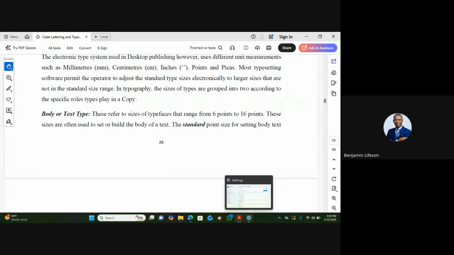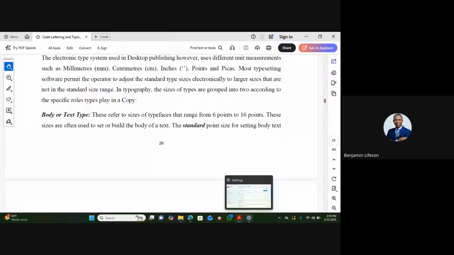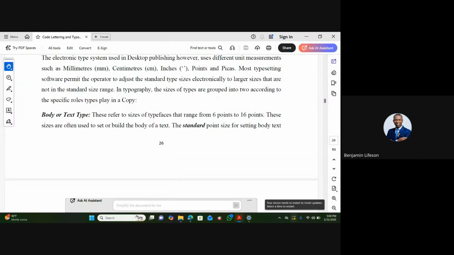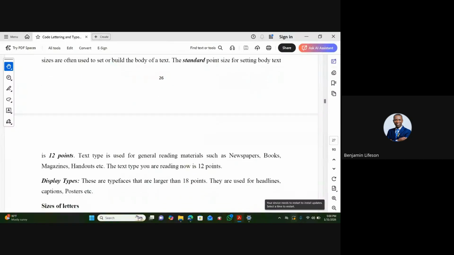So what we are seeing over here, some are ranging from 6, some of them are here, the inscriptions. Some are small, some are very big. So it ranges from 6 point to 16 points.